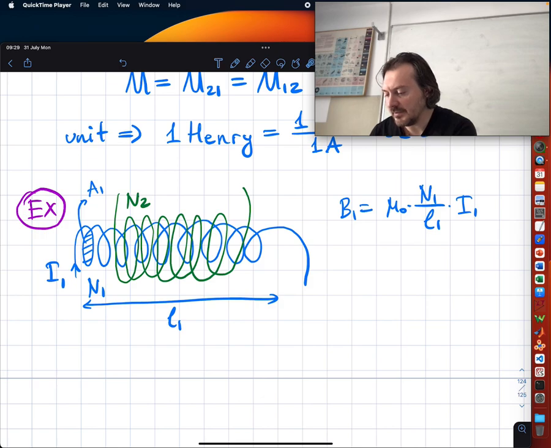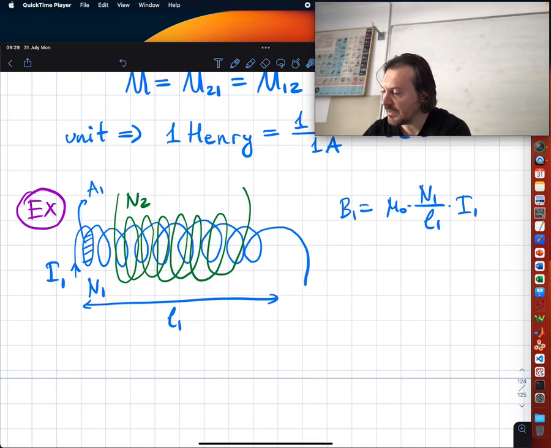I generate magnetic flux in the blue one, and how much of it goes through the green one, or I generate magnetic flux in the green one, how much of it goes through the blue one? The first one is easier because we are sure that all magnetic flux is going to go through the second one because it's inside the second one.